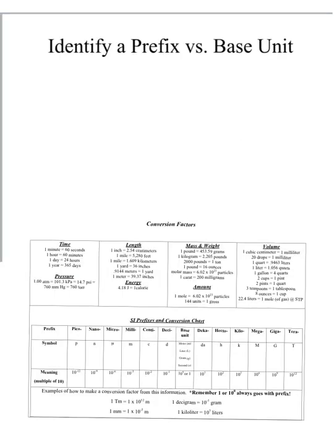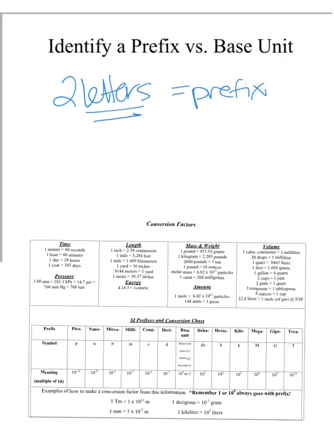Okay, so the key thing here is making sure you know how to identify a prefix versus a base unit, because that's really important for when you make your equality. A couple of things I always say to students to make it easy: if the unit has 2 letters, that means you have a prefix attached, versus if it's 1 letter, it's just a straight up unit.